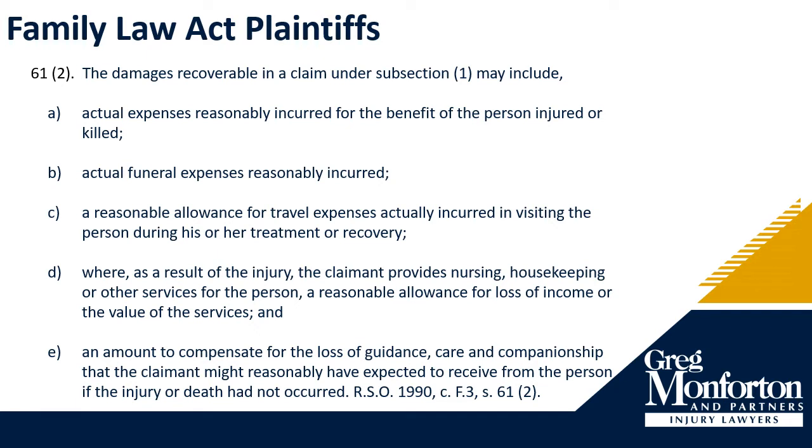If they paid for treatment for the injured person, if they paid for psychological counseling for themselves, mileage if they had to drive to and from appointments, housekeeping expenses, funeral expenses, anything that the person has had to pay out of pocket that is not recovered through other means.